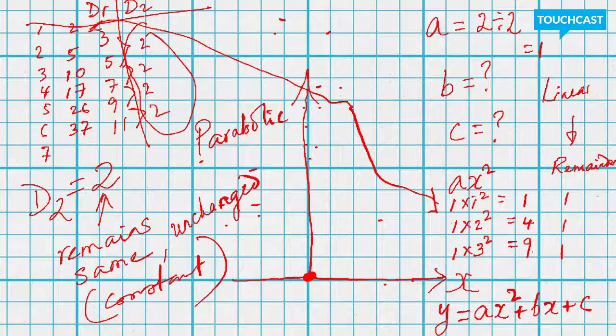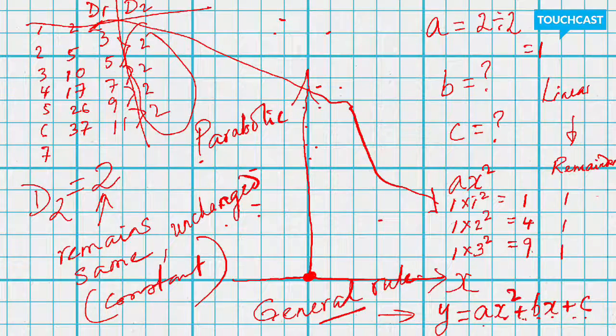One other thing we got to understand, it's not understanding basically, it's just a kind of memorizing. The general rule for any parabolic function is a times x squared plus b times x plus c.